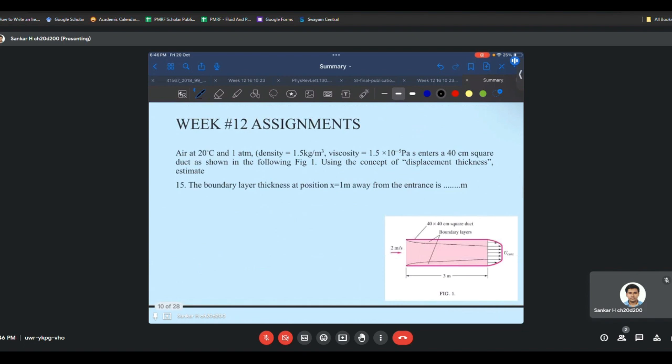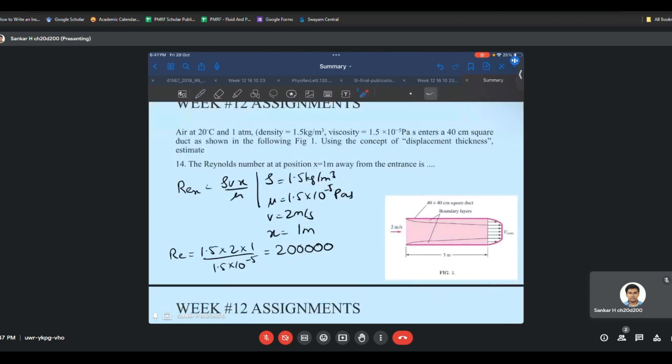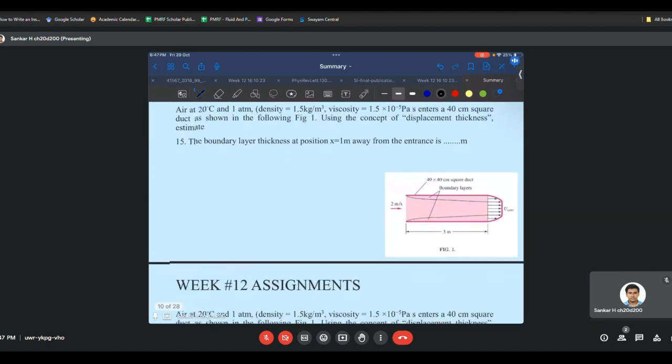Okay, now we have been asked to find the boundary layer thickness at a position 1 meter away from the entrance, and we see that the Reynolds number corresponds to a value of 200,000, which means that this is still in the laminar regime. As we saw earlier, 500,000 was the critical Reynolds number value.